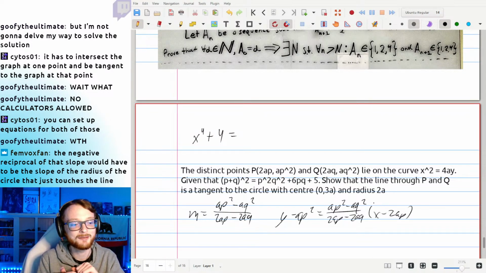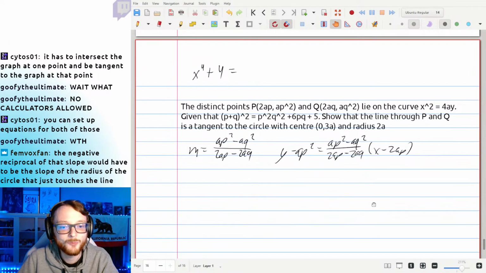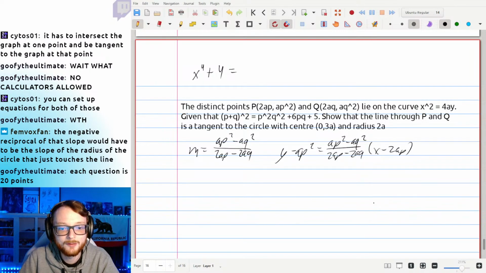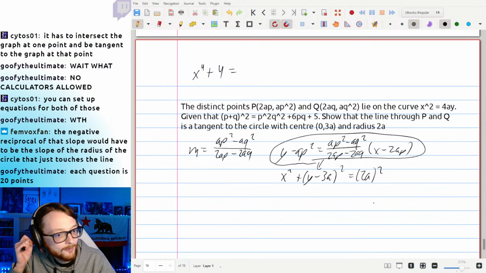I guess you could also think about a different way where, as Saito says, we could also get the equation of the circle. You could theoretically isolate y in the equation for the line and plug it in here, and there should be only one solution for x.